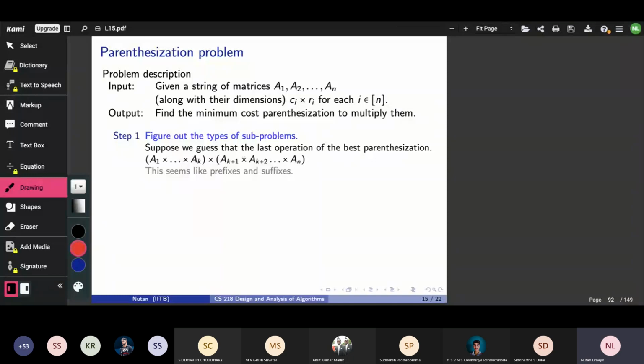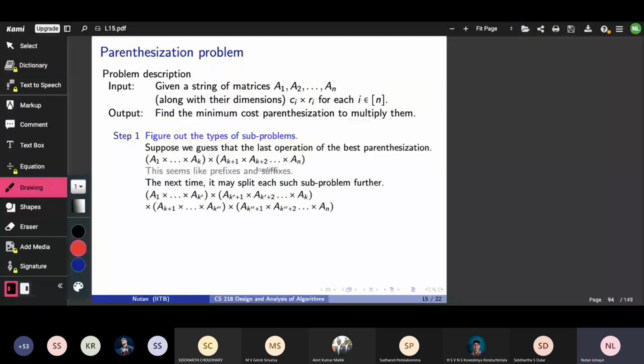Then this starts to look a lot like prefixes or suffixes. But let's conduct this thought experiment a little further. And next, suppose now to compute the subproblems inside the interval 1 to k and k plus 1 to n, we examine it even more closely and say that inside the first one, k prime is the place where we have to break to get the optimal multiplication for the a1 to ak interval.